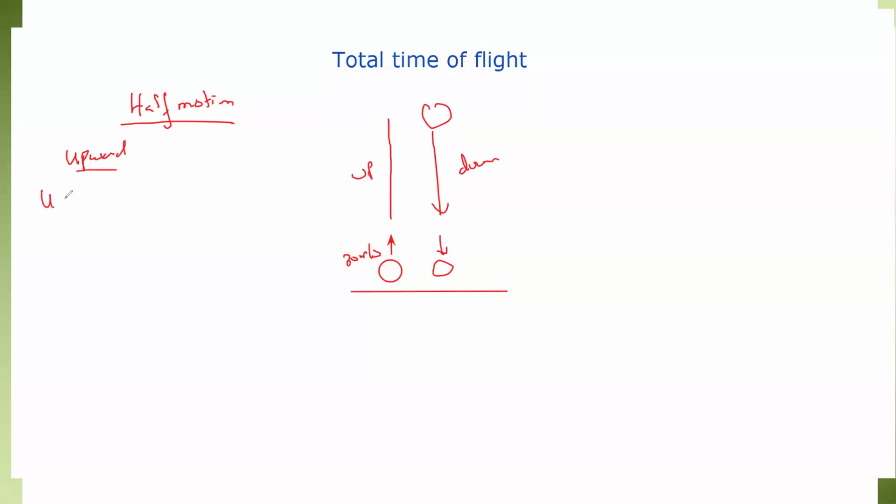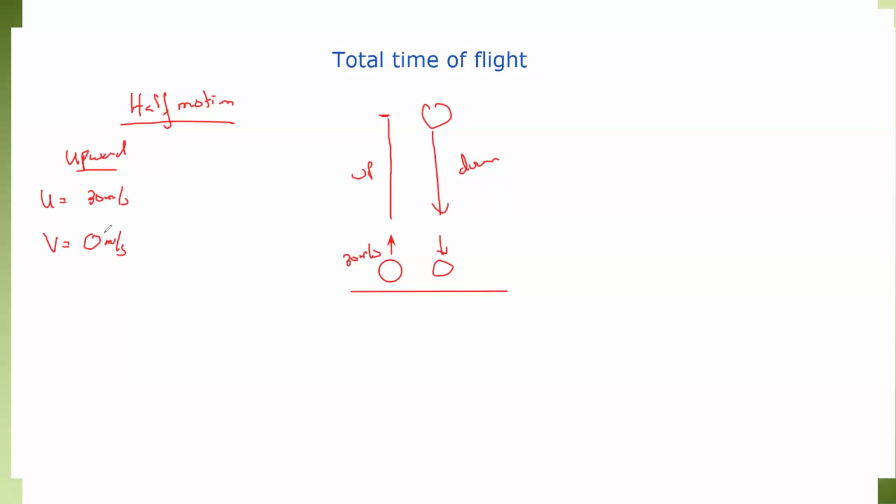So for that upward motion, what is the u here? 30. Now I'm finding how much time it will take to reach the maximum height, and the total time of the flight will be double. What is the final velocity at the maximum height when it reaches the top? It will be 0.